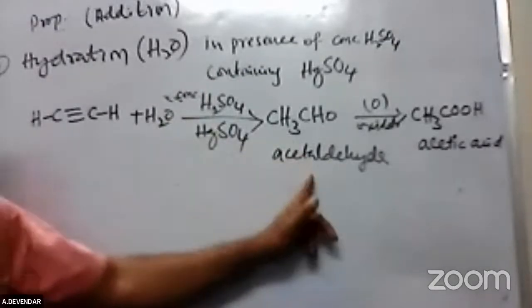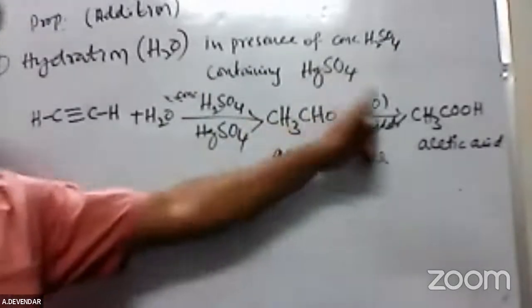There is a chance of getting a separate 5-mark question, not in the long question. How to prepare acetic acid from ethylene? How to prepare acetaldehyde from ethylene? Ethylene gas is hydrolyzed in presence of concentrated sulfuric acid containing mercuric sulfate, forming acetaldehyde. Acetaldehyde on further oxidation gives acetic acid. This is a very, very important one.